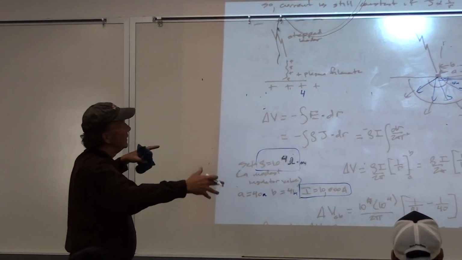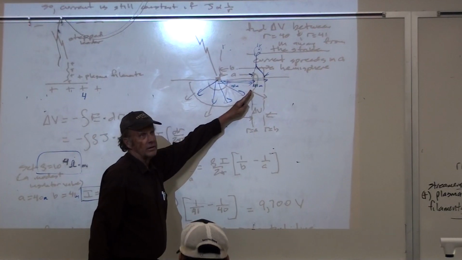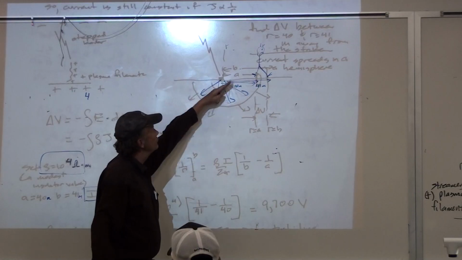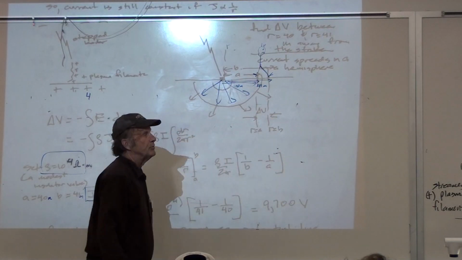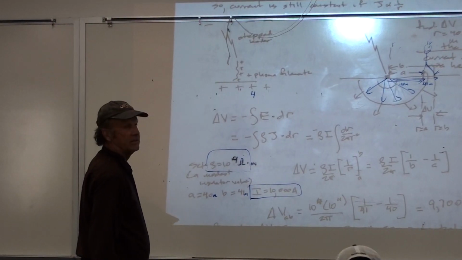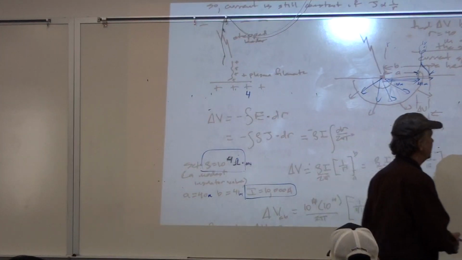Okay, and so it's going to go out in all directions, but as it expands out, the current density is going to change because the area through which the current is moving is getting larger, as would be the case with a hemisphere, assuming that the drift velocity is the same in all directions. Then that's what we would have.